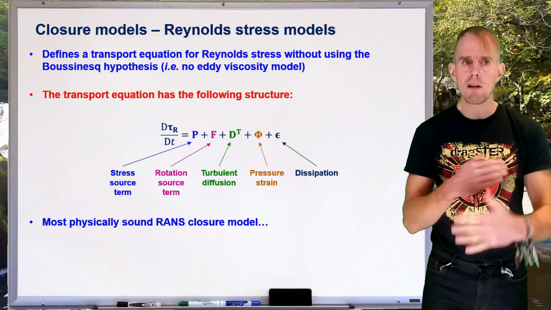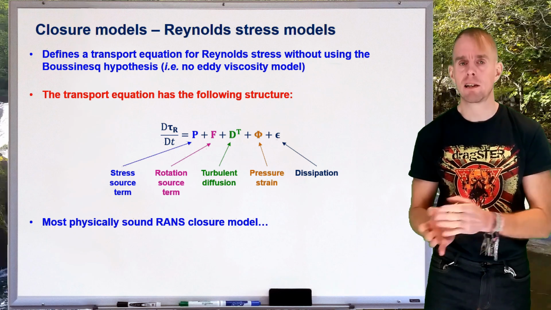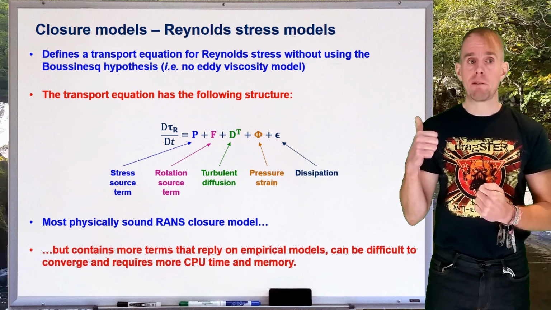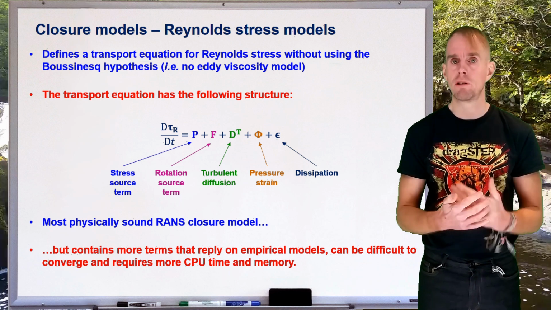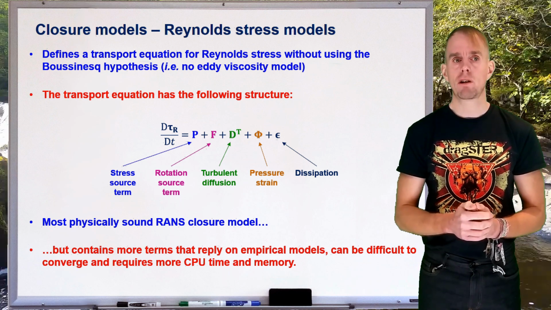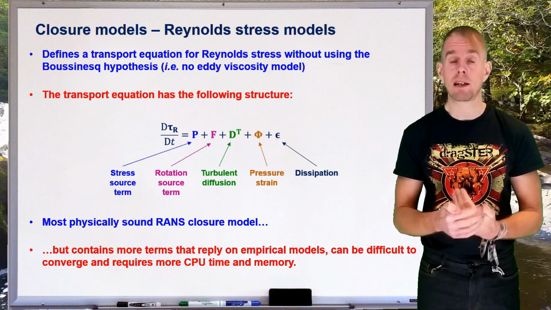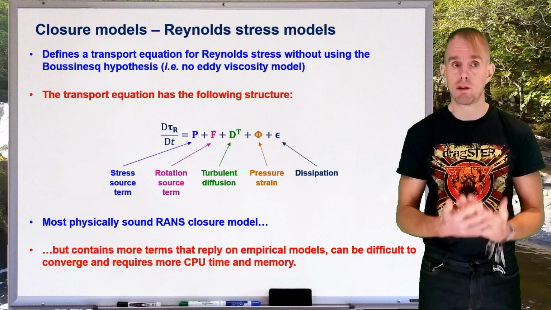Now, describing Reynolds stress in this way is actually more physically sound than making an eddy viscosity approximation. However, what you have are a lot of empirical models underlying all these different source terms and dissipation rates. And so, first of all, you've got a lot more model physics to deal with. And again, there's this whole question when you come to validate is how well this model physics is doing.